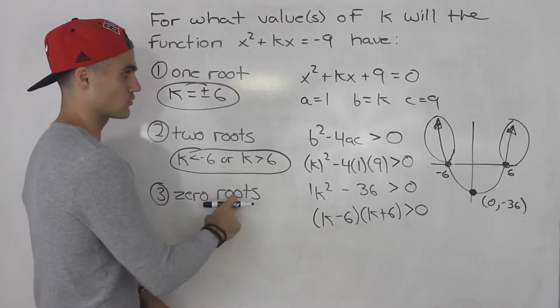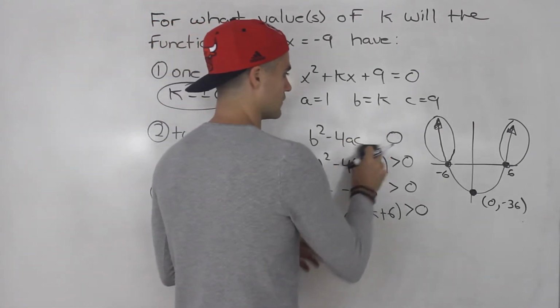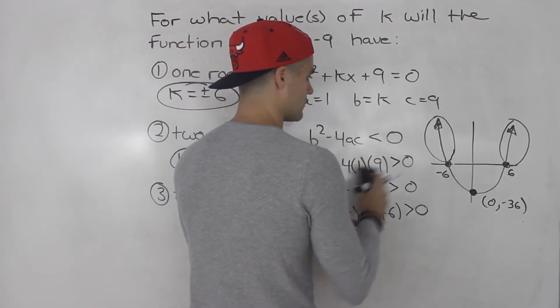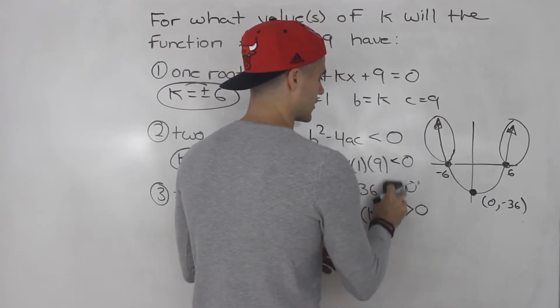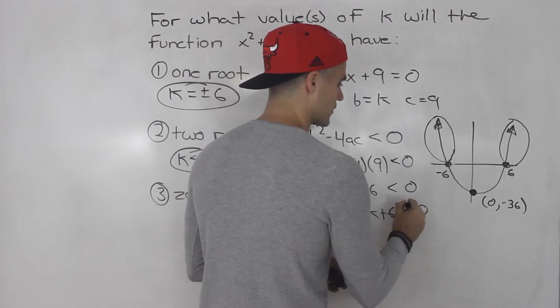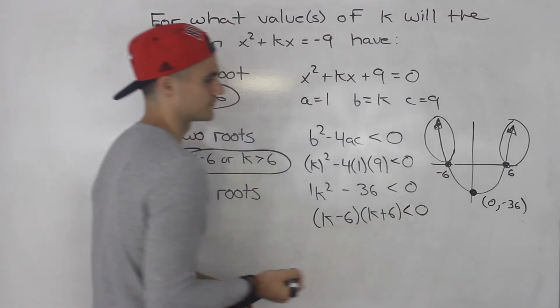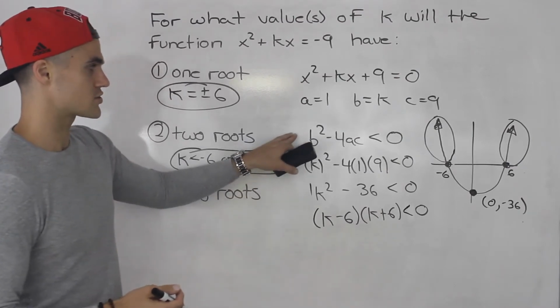And if it has 0 roots, we know the discriminant is what? It's less than 0. It's negative. Meaning that that portion of the quadratic formula that's under the square root is going to be negative, and we can't square root a negative number. That's why there are no solutions. Remember the discriminant?